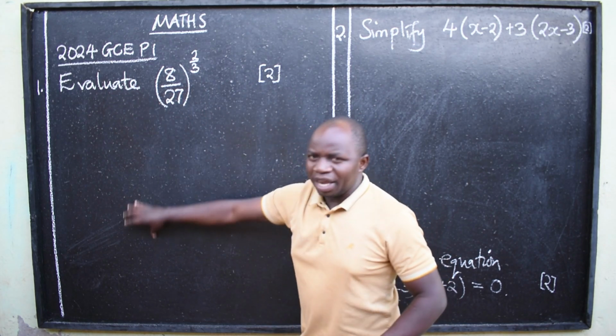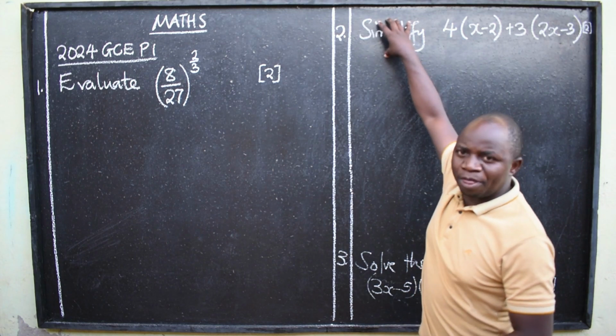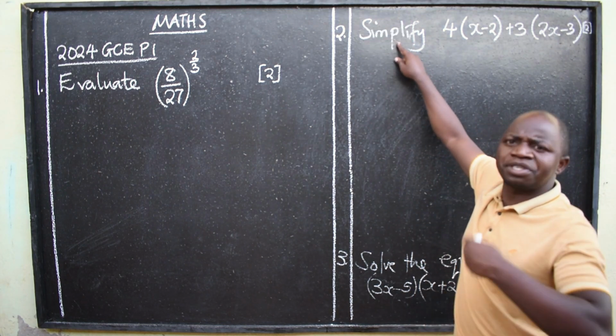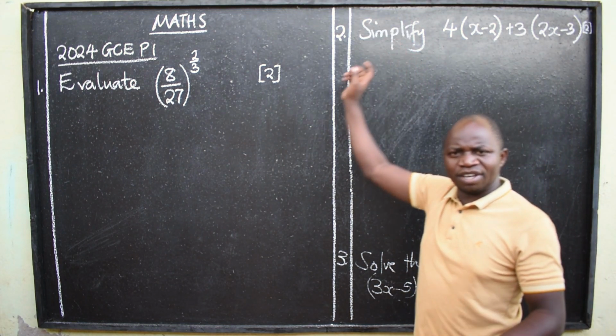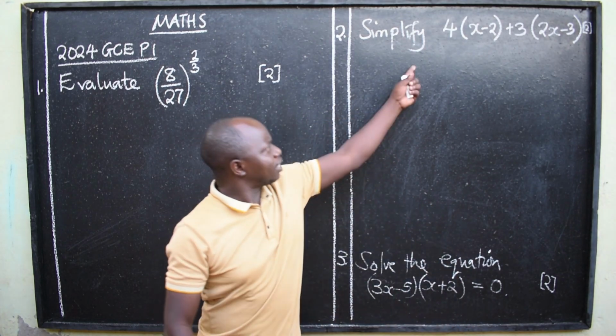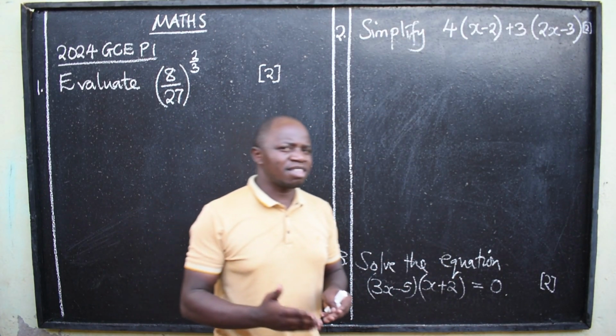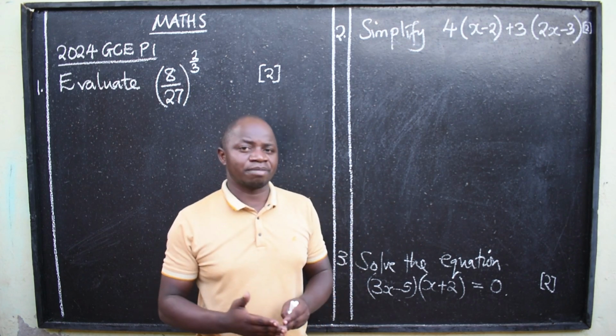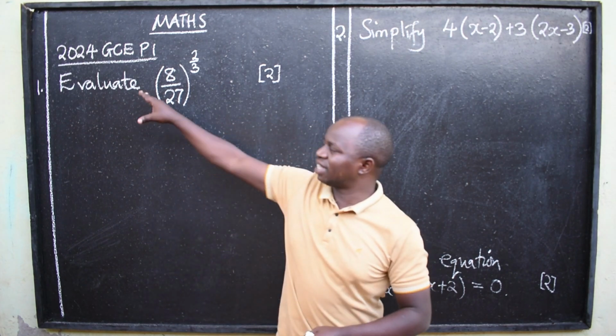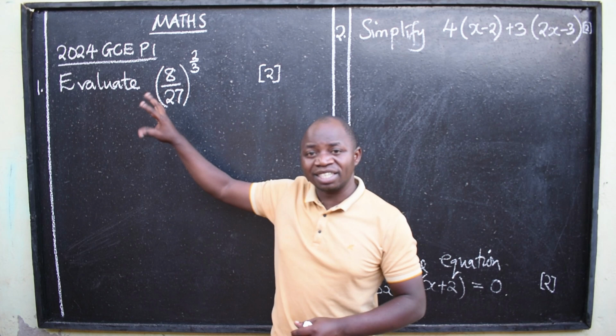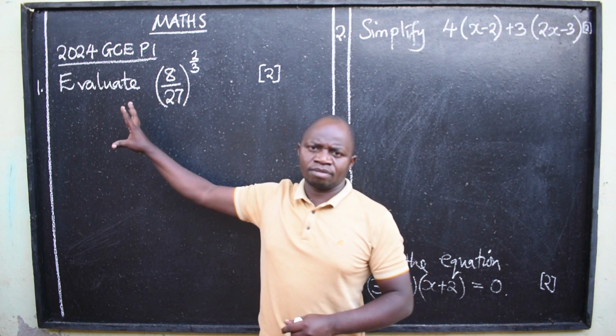Whatever you're going to do here will be different from here. Why? Here they are saying simplify. Would it be the same as solving? No. So these are some of the things that you miss out in your exams. Understand the meaning of that stem word.